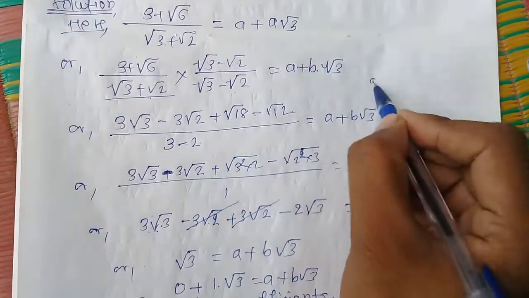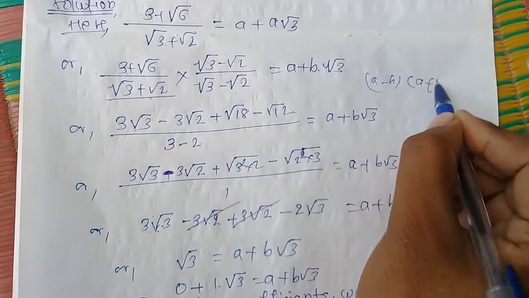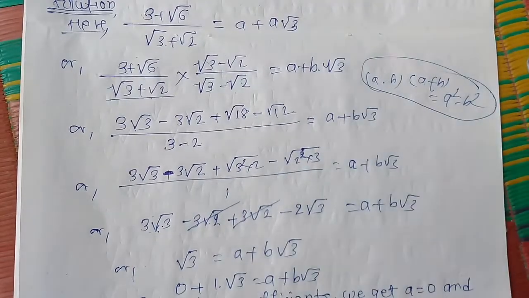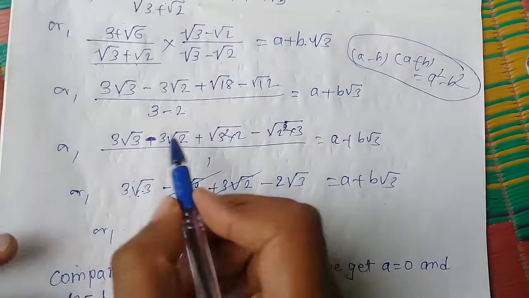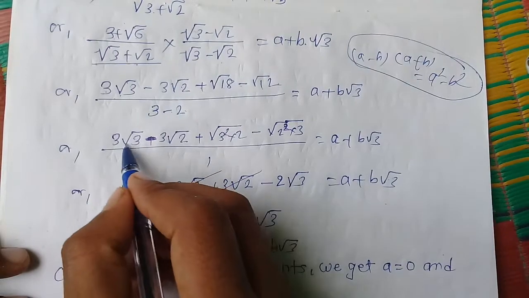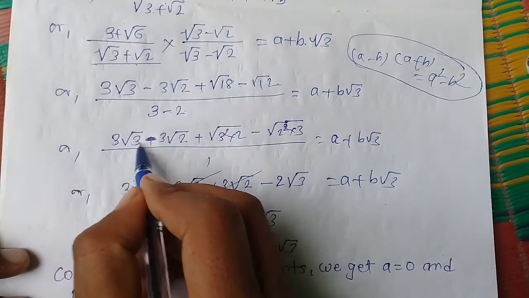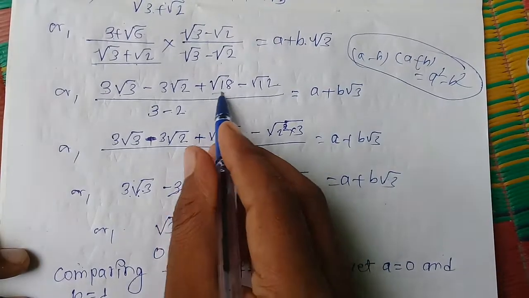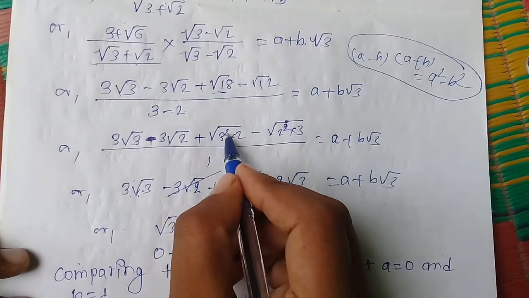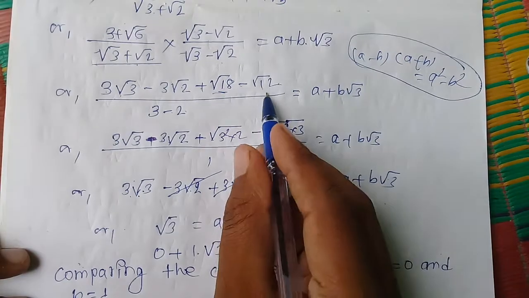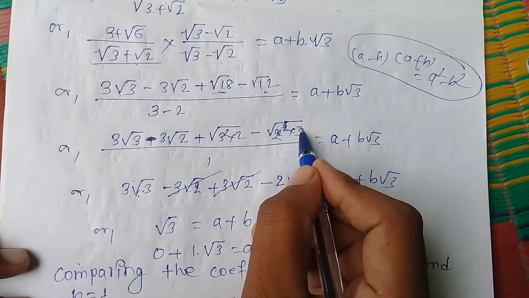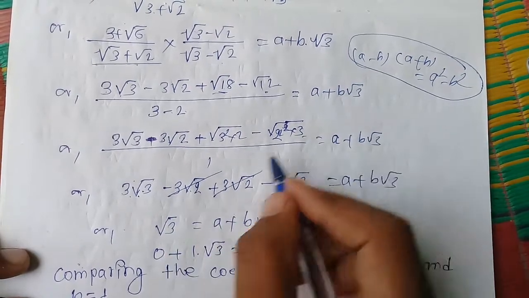It is in the form of a minus b times a plus b, which is equal to a square minus b square. So after this, 3 root 3 minus 3 root 2 plus this can be written as root of 3 square into 2 minus, and this 12 can be written as 2 square into 3.